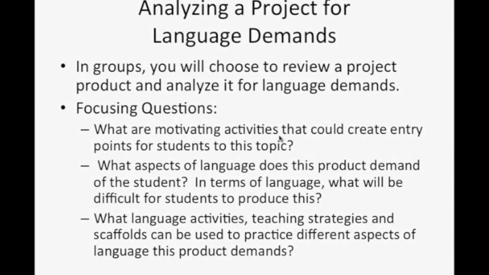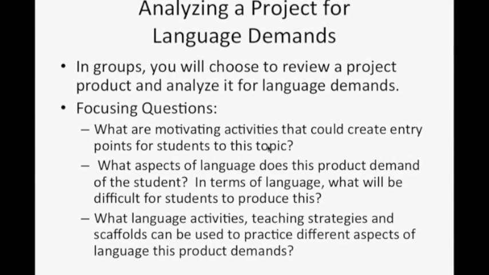Okay. So we're going to model this one together, but these are the three focusing questions that we're going to be asking. One is, what are motivating activities that could create entry points for students to this topic? And two, what aspects of language does this product demand of the student? In terms of language, what will be difficult for students to produce this?